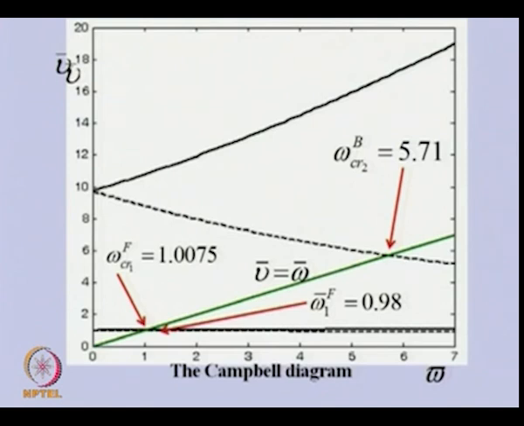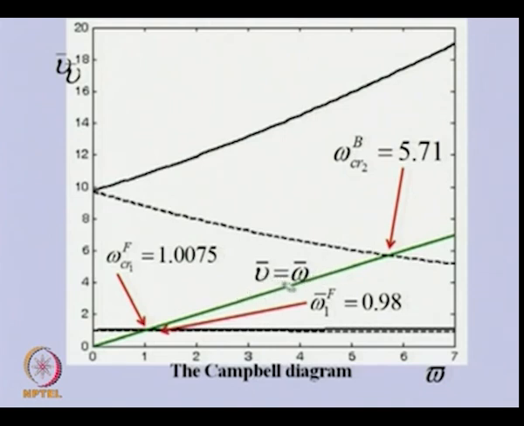You can see that we have these two lines, the splitting of the natural frequency is taking place, but the splitting is less for the first whirl. This green line is nothing but the nu equal to omega line, that is the critical speed line.